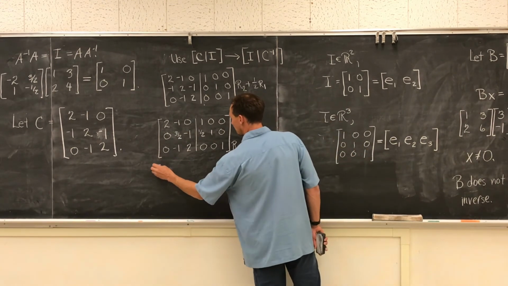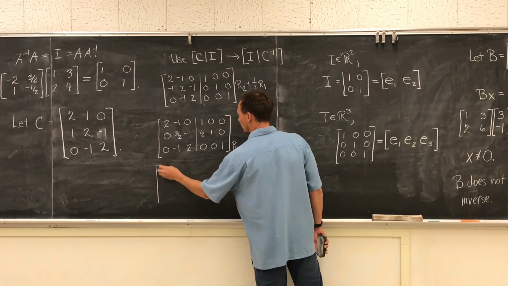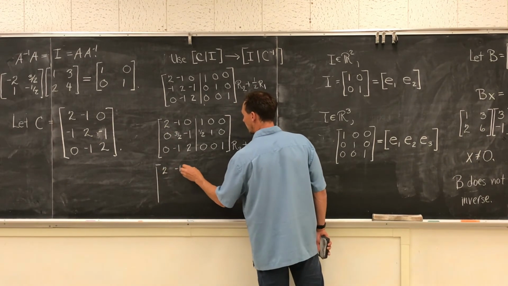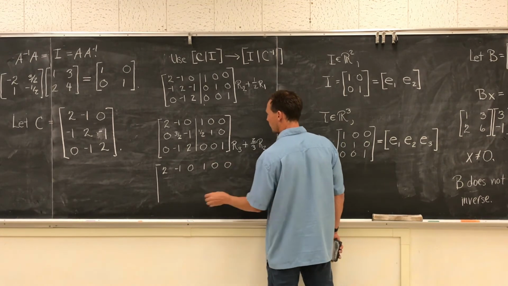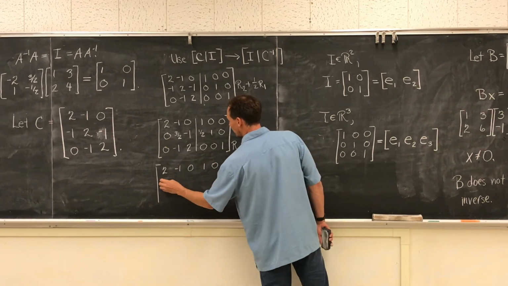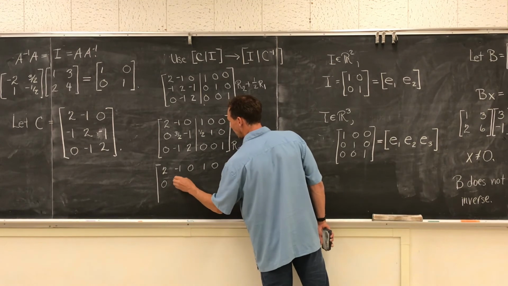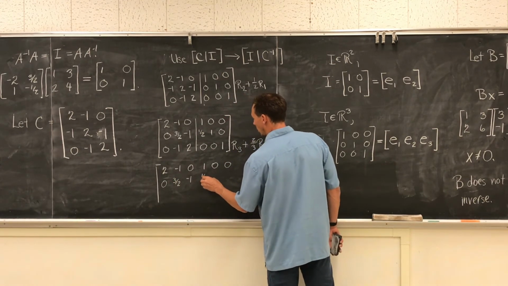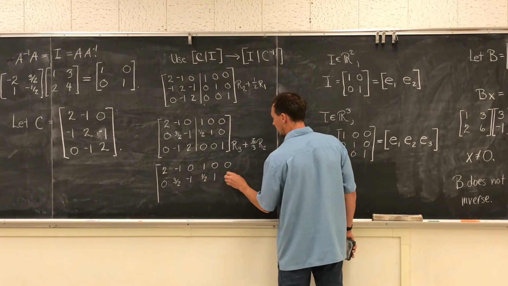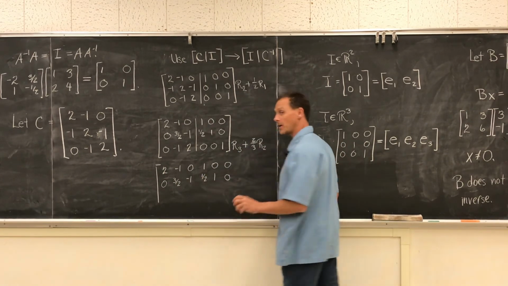Okay. So what do I get? First row is unchanged. 2 minus 1, 0, 1, 0, 0. The second row is unchanged. 0, 3/2, minus 1, 1/2, 1, 0. Okay, here we go.